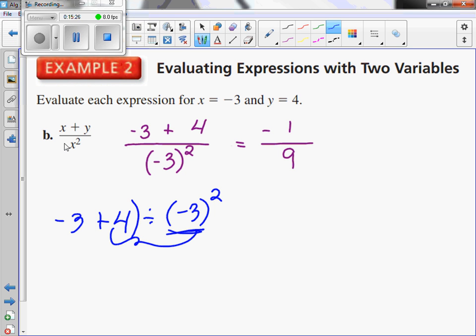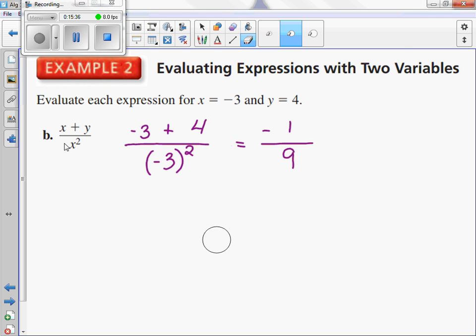To fix that, you have to put a set of parentheses around here. Or there's the fraction key on that calculator, so you can set it up like a fraction: negative 3 plus 4 over this. You need to put parentheses around this here, because the actual answer is 1/9. Yes.